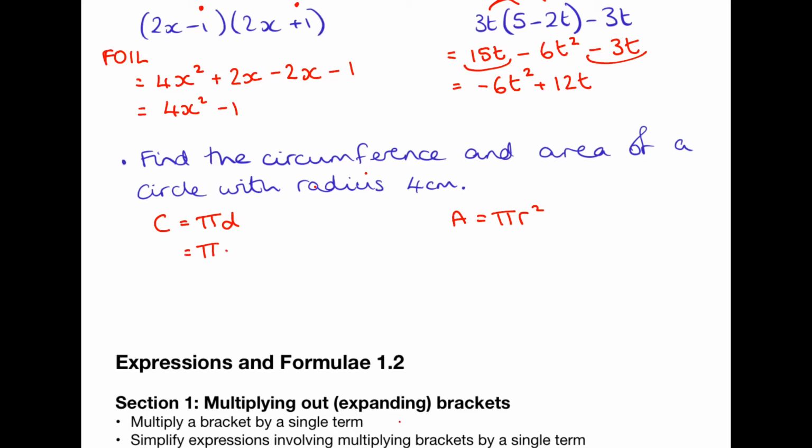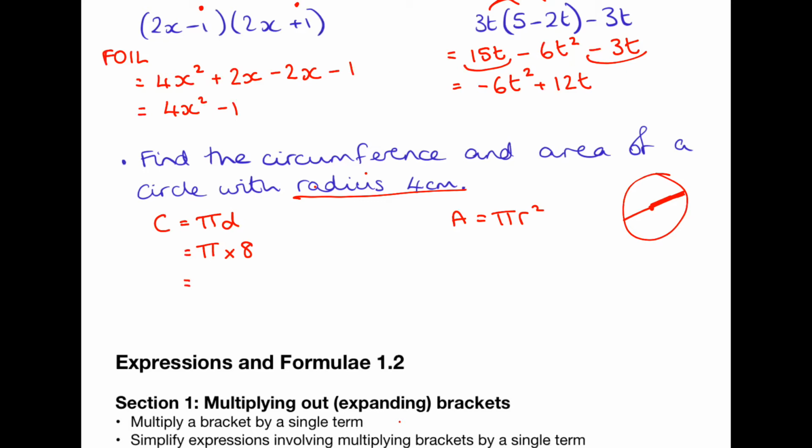So pi d means pi times the diameter. Now the radius is 4 centimetres, so the diameter is 8 centimetres. Remember, in a circle, the diameter goes all the way across the circle, but the radius is only from the centre of the circle to the circumference. So the diameter is twice the radius.